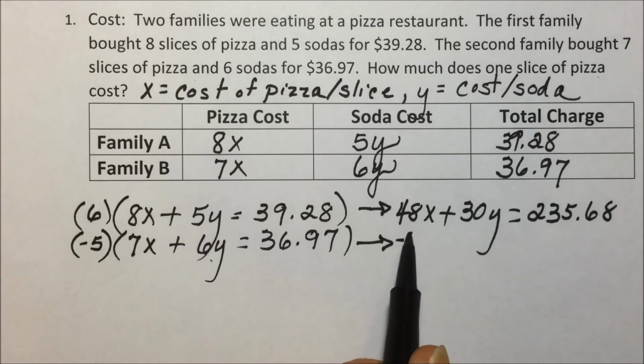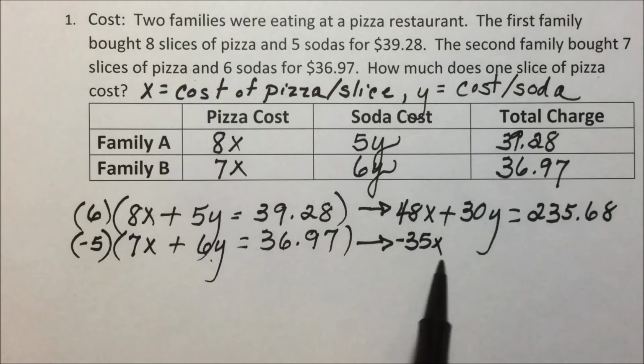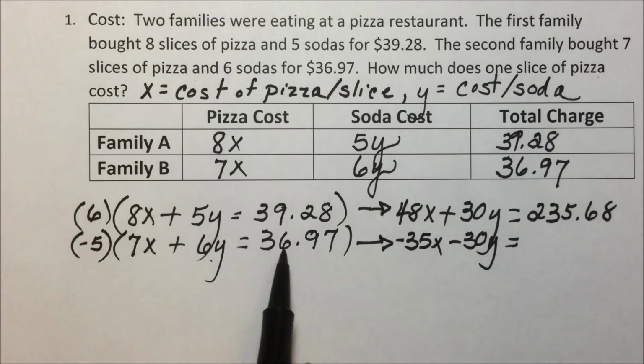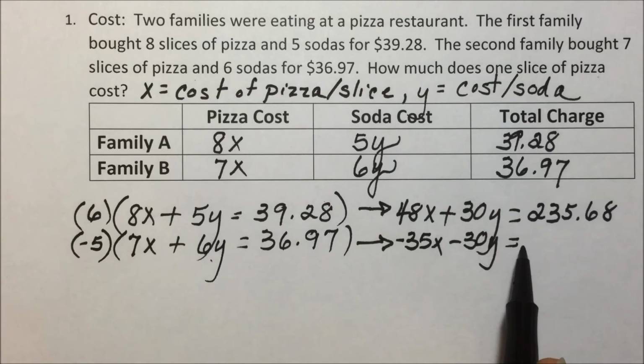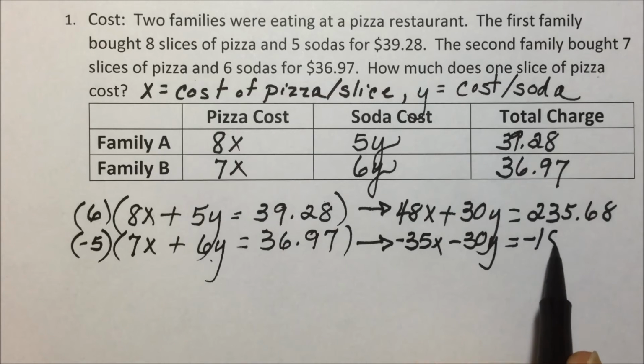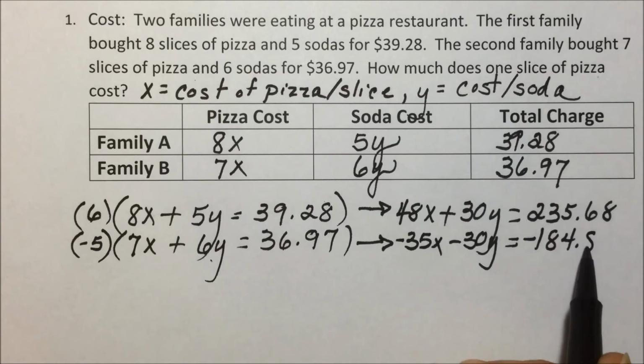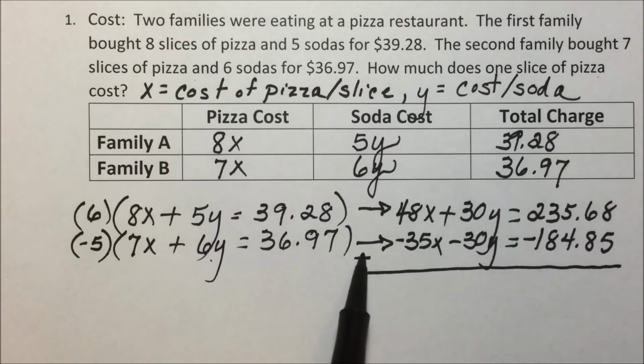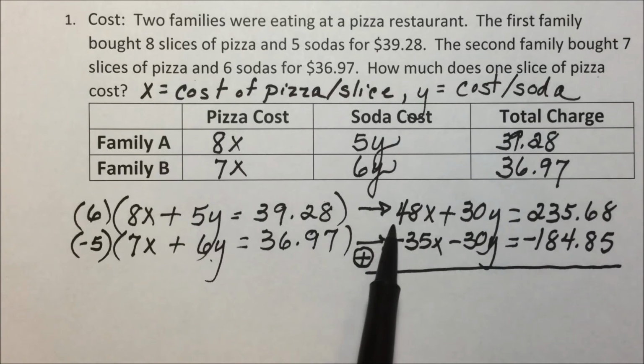That will result in a -35x for the first term, -5 times 6y, a -30y in the second term, negative times a positive, and 5 times the $36.97 is -184.85. We're now set to add the two equations together.